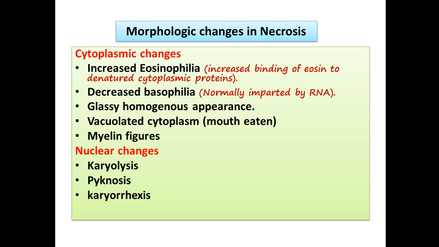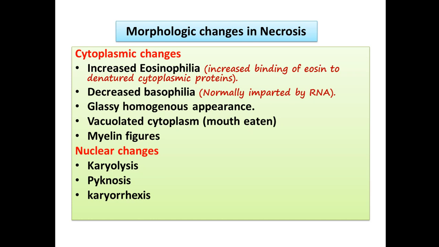Normally, the ribonucleic acid gives the blue coloration, but in necrotic cell death, the enzymes that degrade the RNA result in a decreased or faded blue appearance of the cytoplasm.